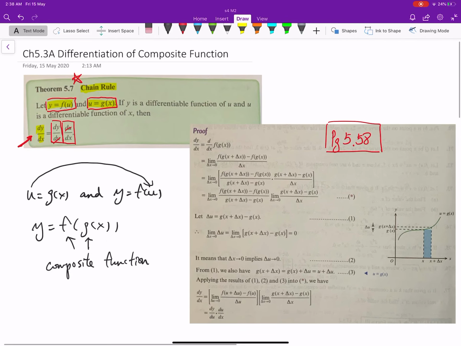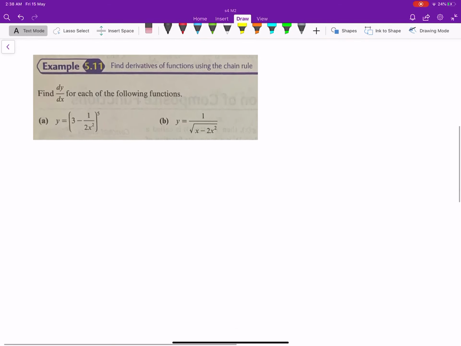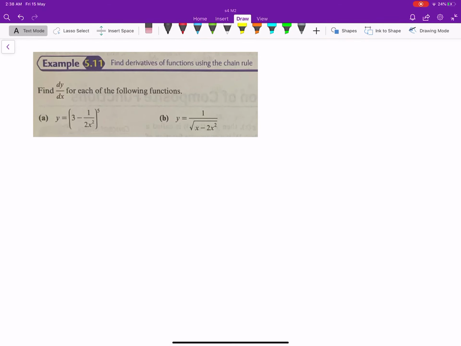So today we mainly go through some examples. I want you to be familiar with the skills used in this kind of function by using the chain rule. So now, if we look at these questions, we have y equals (3 minus 1 over 2 to the power x to the power 2) to the power 5.